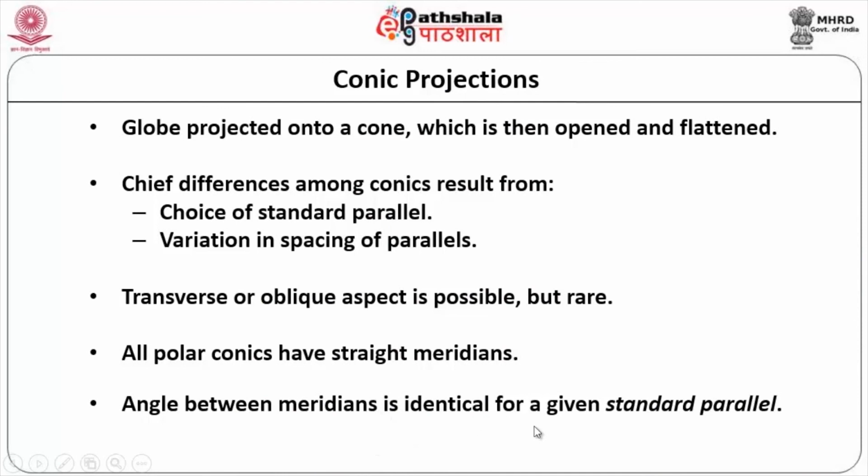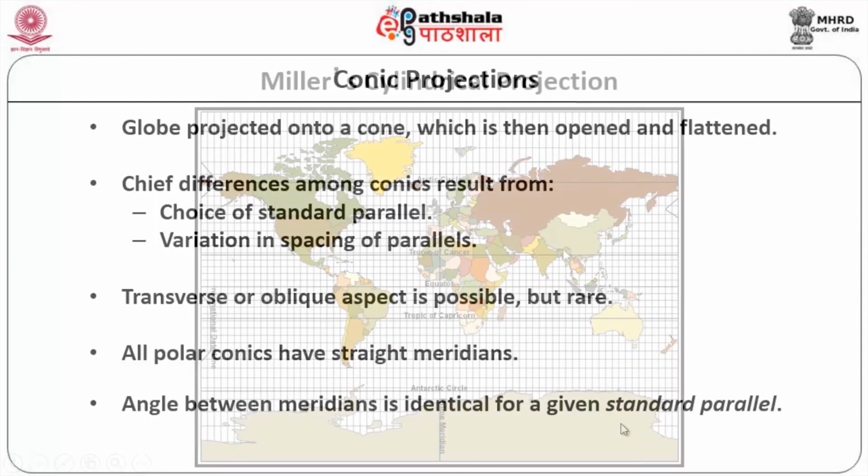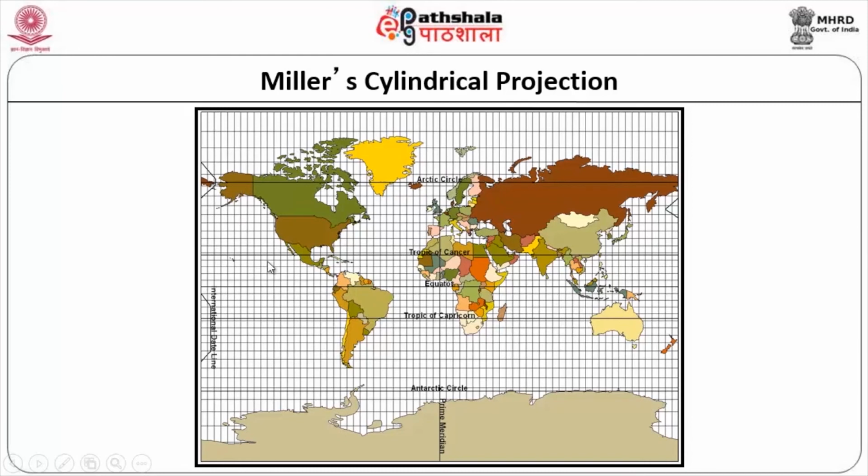The angle between meridians is identical for a given standard parallel, for any kind of standard parallel. In the sense, let me show you how to see that. So, this is your standard. Let me take parallels here. You can see here, when you are moving away from the equator, this distance is varying. Is it not increasing? You see how it is increasing from here to here.